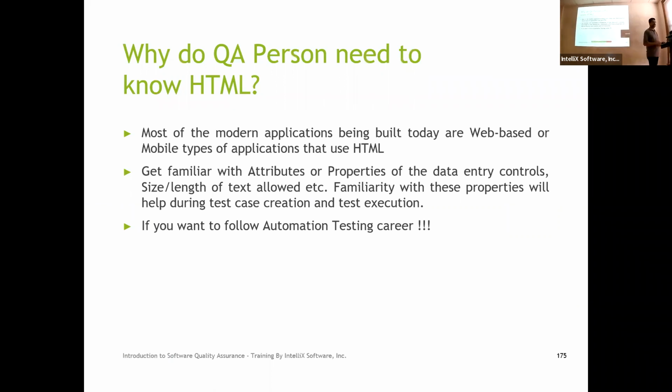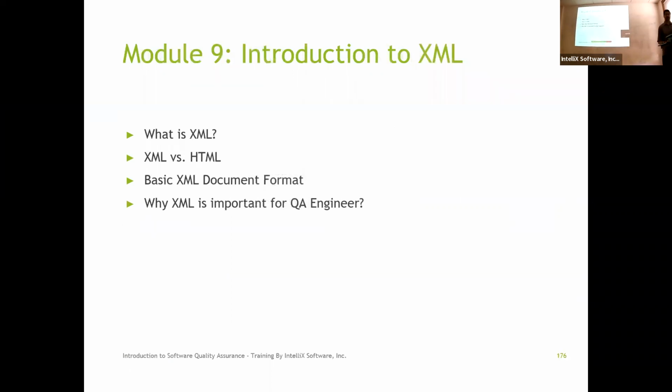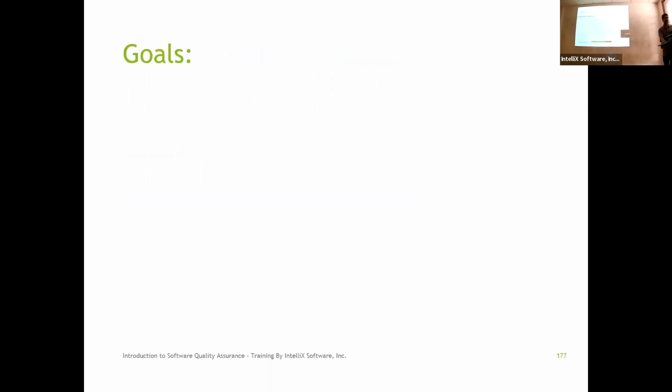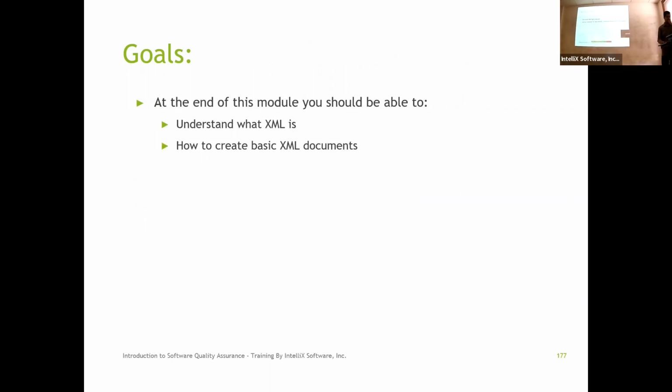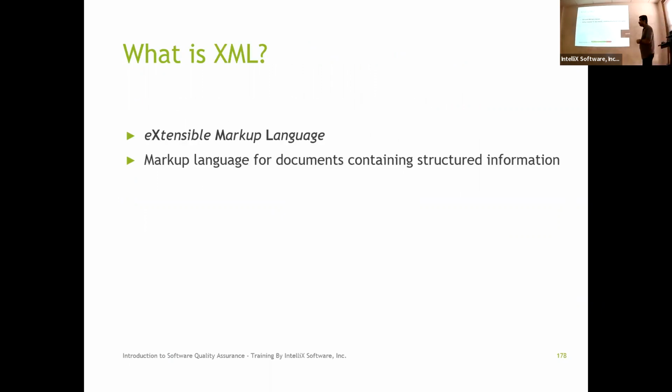Now, since I mentioned XML, let's look into XML. That's another concept that you need to understand. What is XML? It's an extensible markup language. So HTML is hypertext markup language.